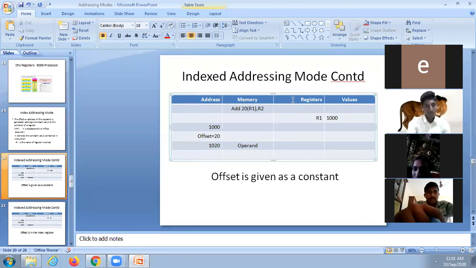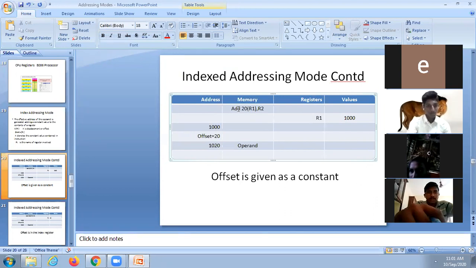Then the other two columns are register and its values. This is CPU registers. The first two columns give the memory information, and the next two columns give the CPU register information.